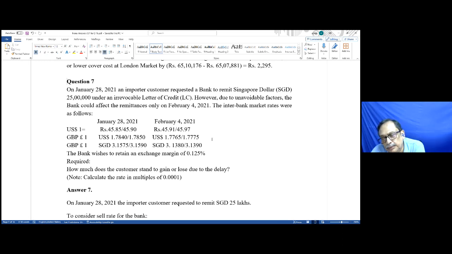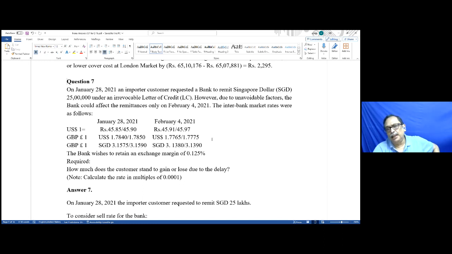Irrevocable means which cannot be revoked. However, due to unavoidable factors, the bank could effect the remittances only on February 4, 2021. So there is a time gap: 28 January 2021, but the bank could effect the remittances only on February 4, 2021.